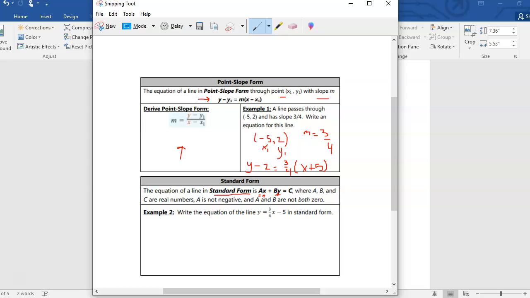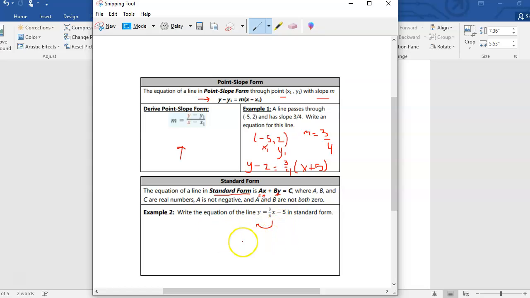Write the equation of the line y equals 3/4x minus 5 in standard form. All right, so let's go ahead and do that. Here we go. I am going to rewrite this equation, and what I really want to do is move this x value over, okay?